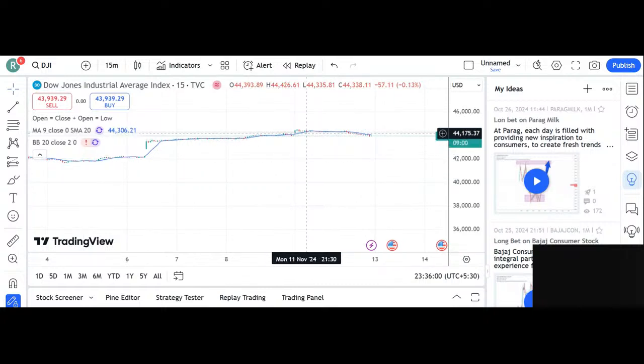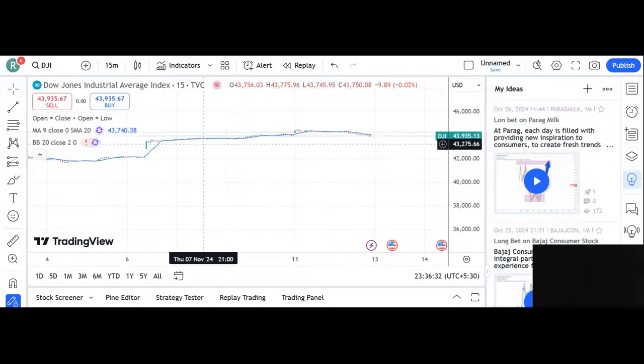It has broken the lower low of today's trade, so it can go and touch the 42,700 mark from here, and can hit the closing gap at 42,300 somewhere down the line. Maybe not today. If it comes today, that is fine. If it doesn't, most probably tomorrow it is going to hit 42,300 points.